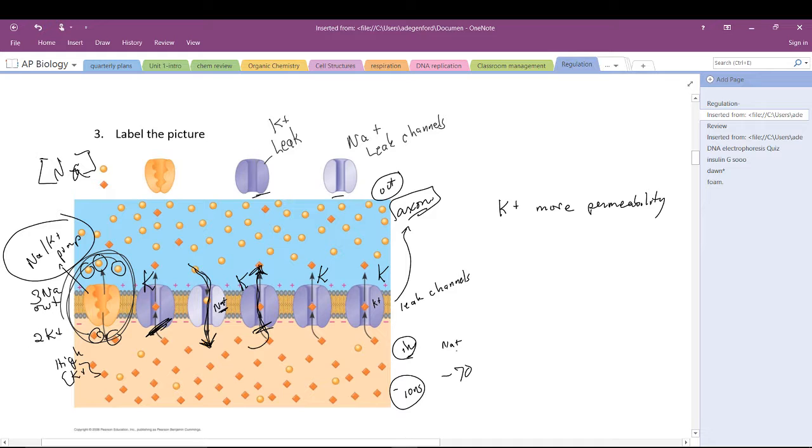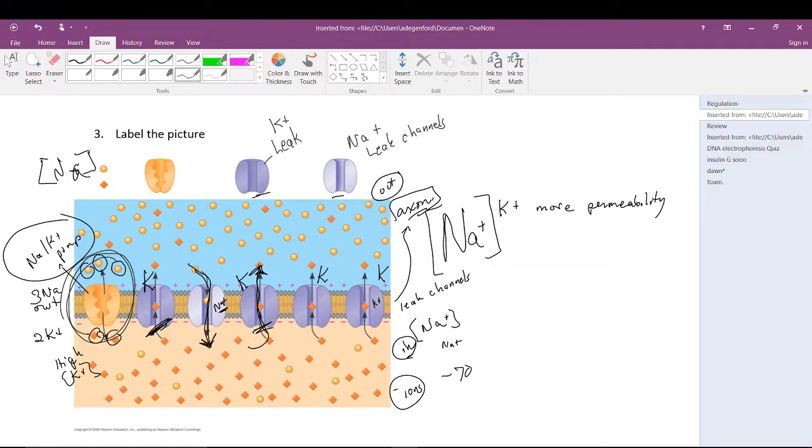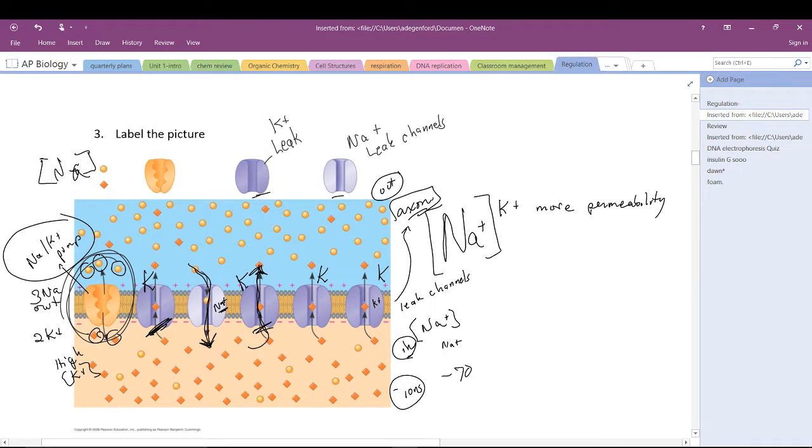So just to sum up, we've got the sodium-potassium pump creating a high sodium concentration on the outside, and I'm making that nice and big to indicate that difference, and a smaller sodium concentration on the inside. Just to change my colors and allow us to see things a little bit better. What we're also going to have is a higher potassium concentration on the inside, and then a lower concentration of potassium on the outside.